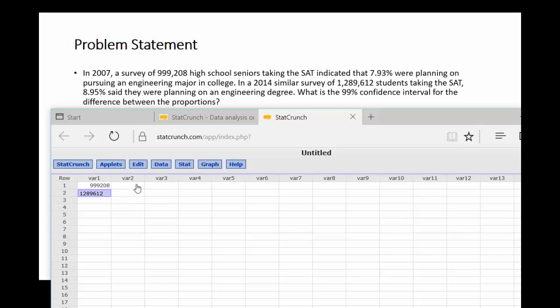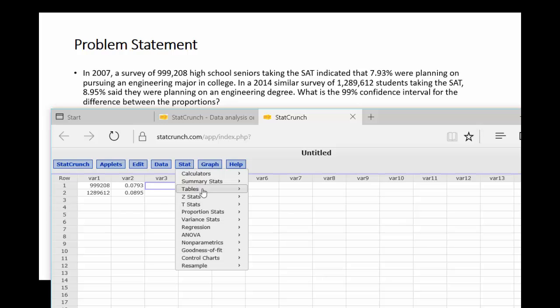A lot of people, big N. And our proportion for the first survey is 0.0793 in decimals, and the second survey is 0.0895. So we have our summary data. We don't have the raw data from the surveys, but we've got the summary.